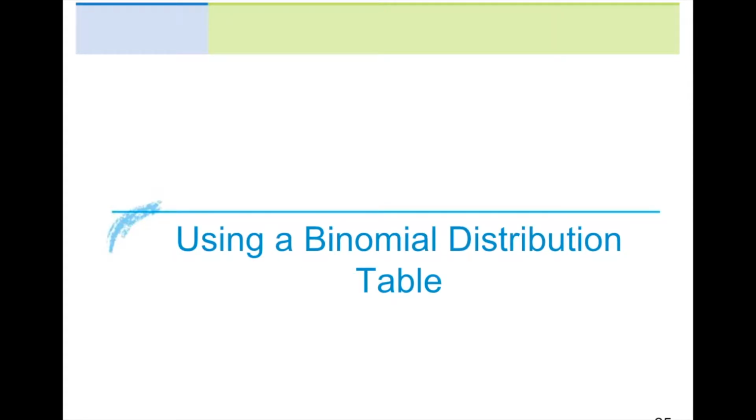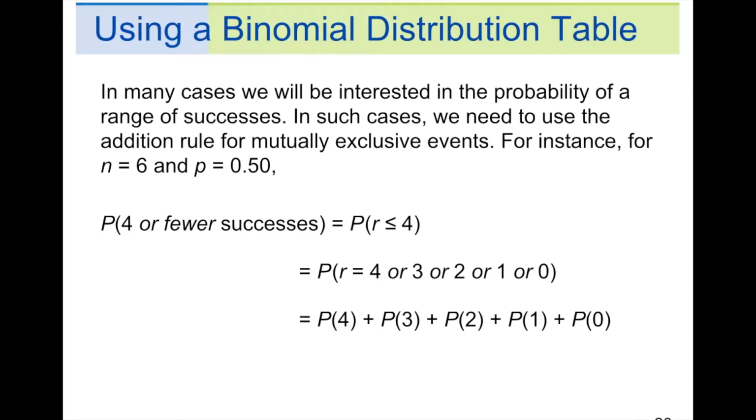Using a binomial distribution table. In many cases, we will be interested in the probability of a range of successes. In such cases, we need to use the addition rule for mutually exclusive events.